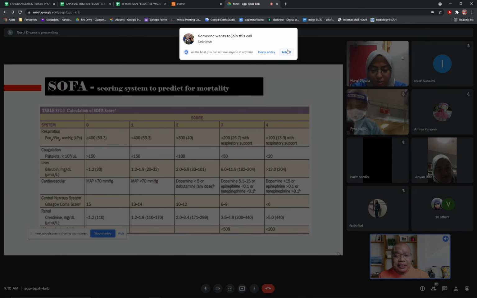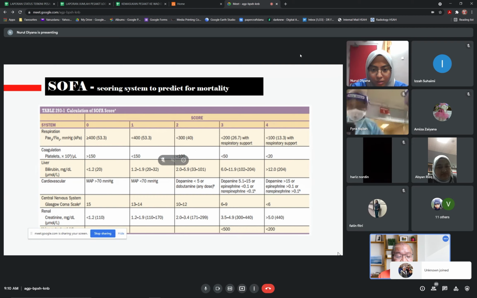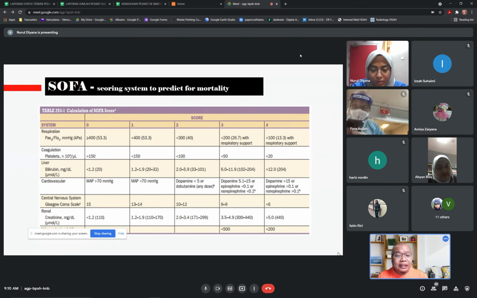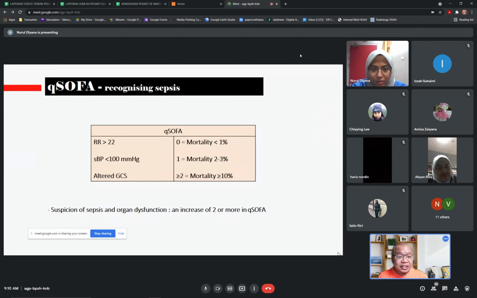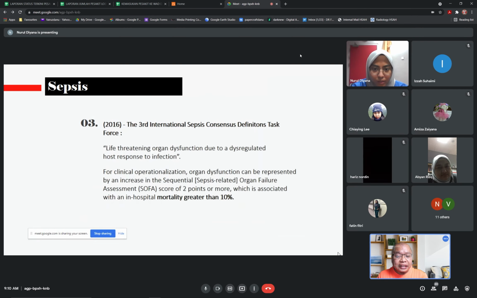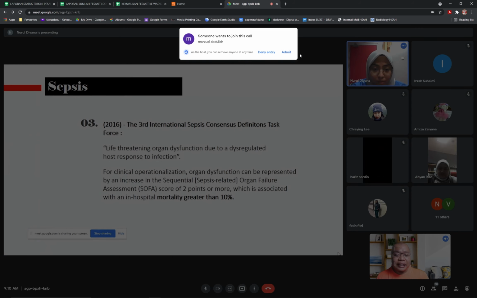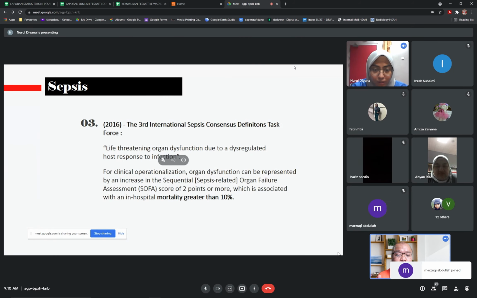According to the latest guideline, sepsis is life-threatening organ dysfunction due to a dysregulated host response to infection. The keyword is dysregulated host response.